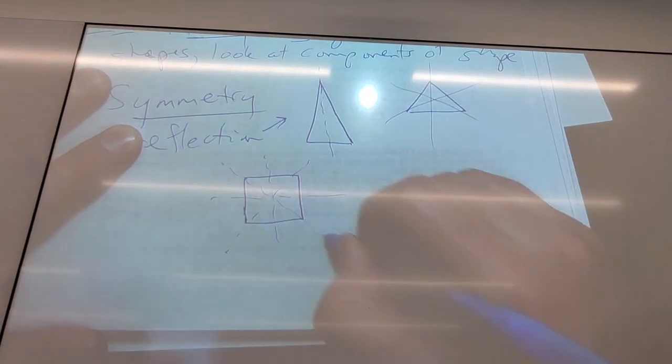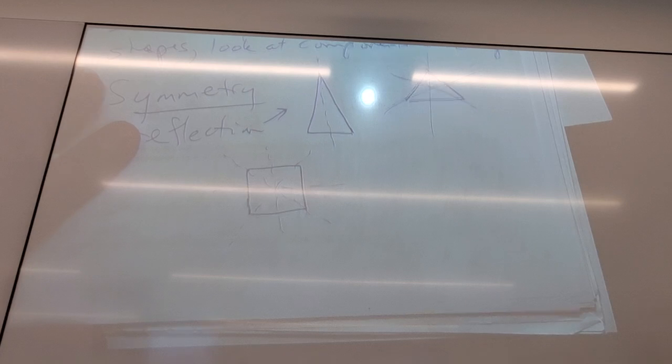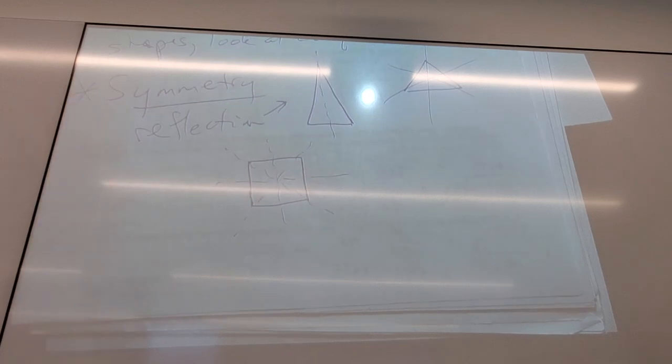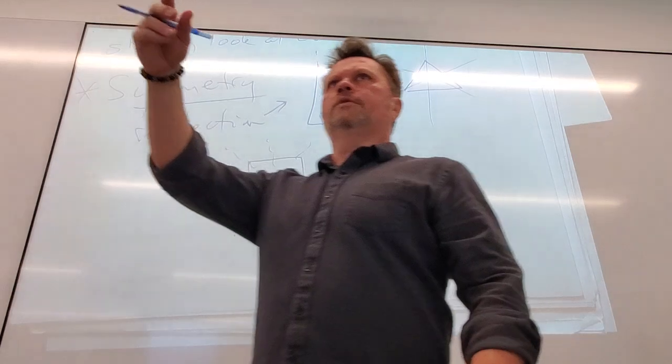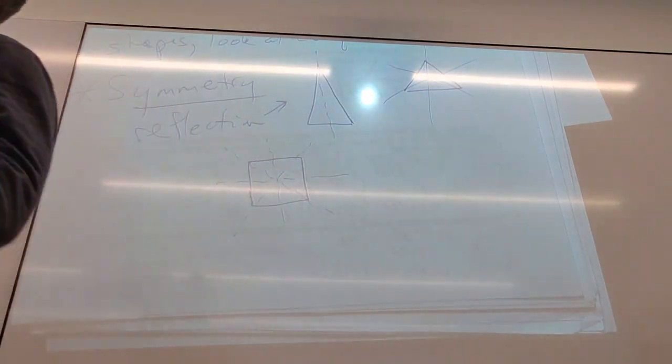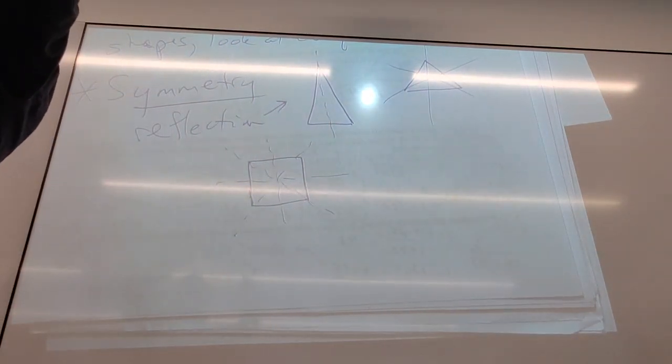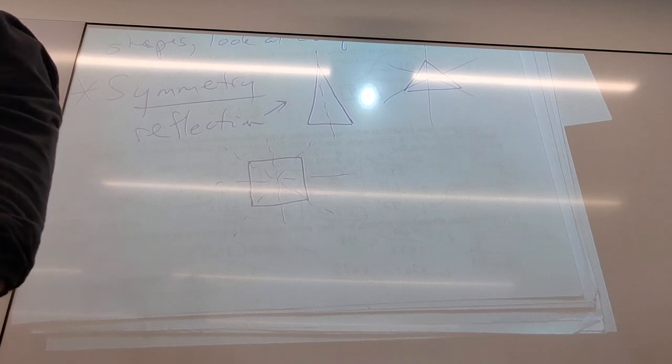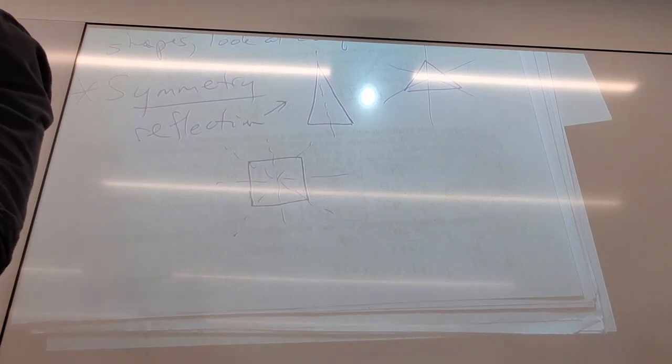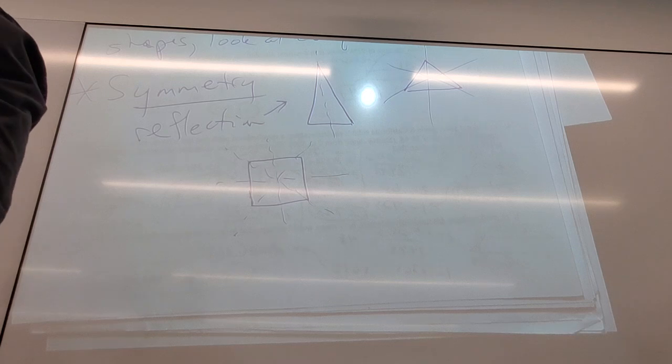Doesn't that work? Yes? So that's why reflection symmetry is not the same as rotation. They do sometimes have similarities. Any more than those? 1, 2, 3, 4. Any more than those? I don't think so. Okay. You got one?